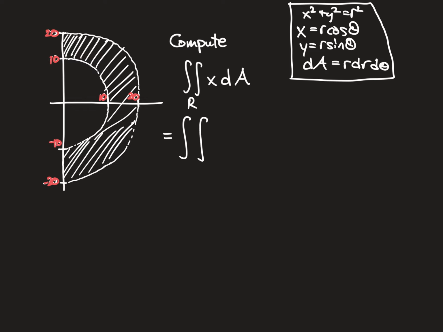We're going to need to convert dA, a patch of a rectangular region in the xy plane, to polar, and we know that dA corresponds to r dr d theta, and x corresponds to r cosine theta. And we can rewrite r times cosine theta times r as just r squared cosine theta. So r squared cosine of theta.